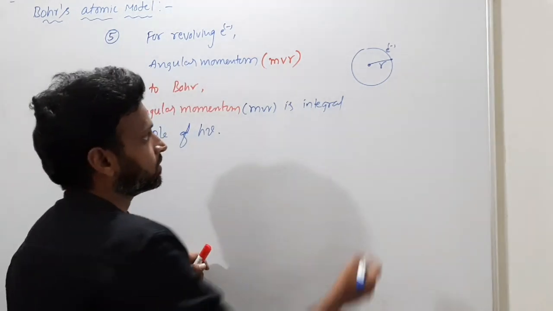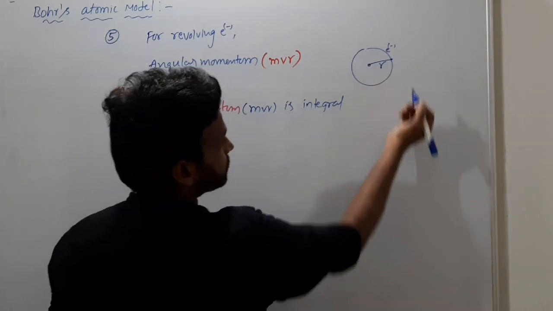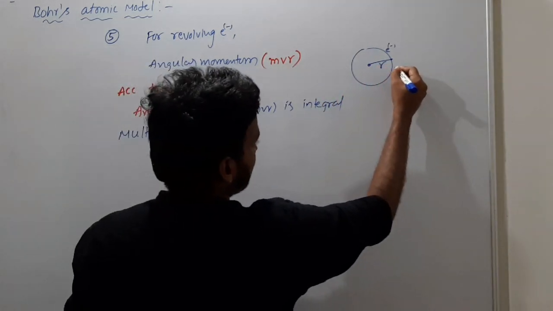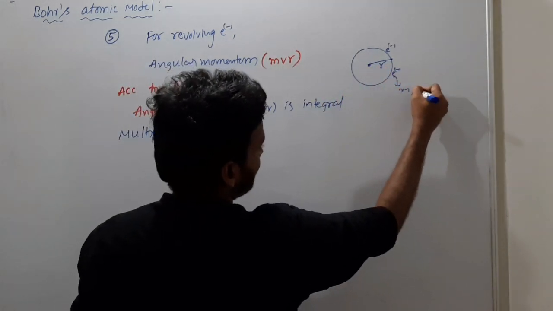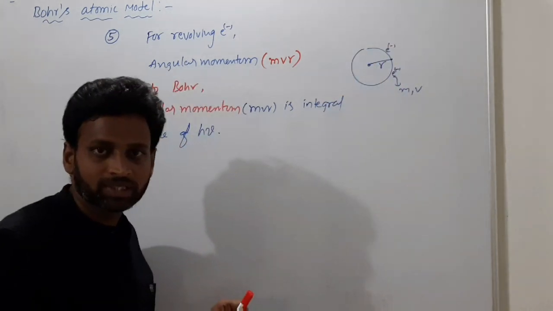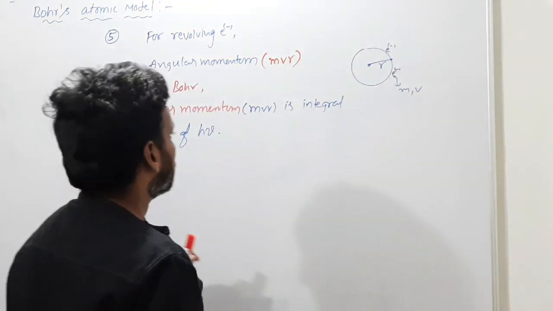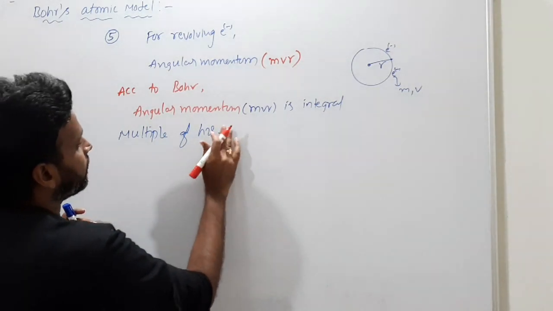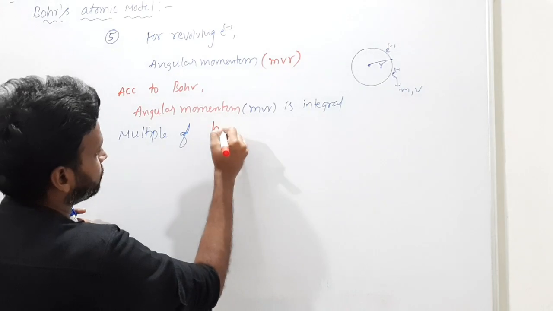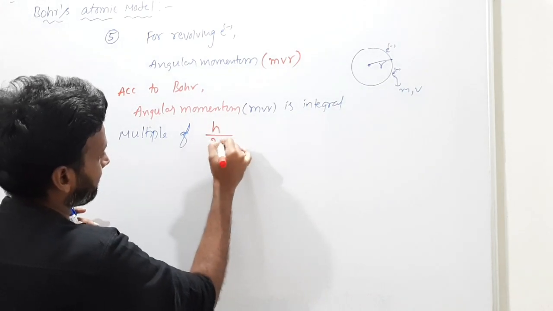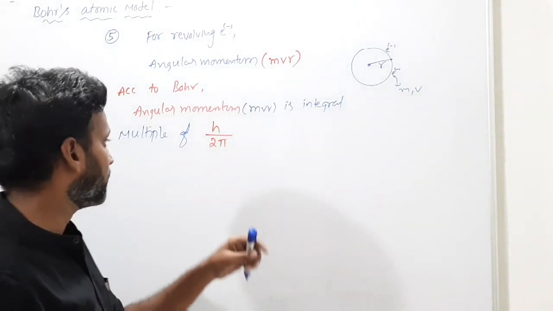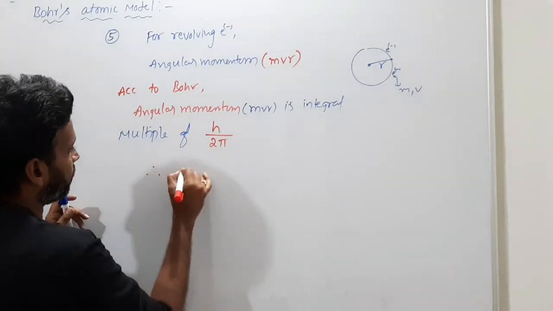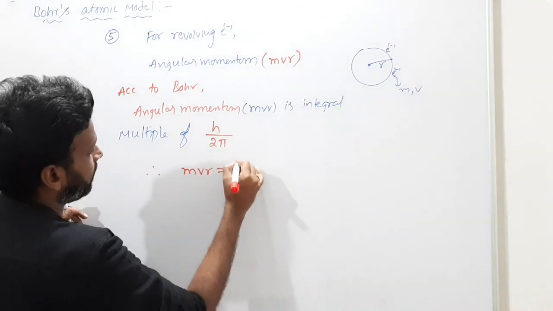So the electron, while revolving, has a mass and a velocity because it is revolving with a certain speed. So angular momentum MVR is an integral multiple of h by 2 pi.